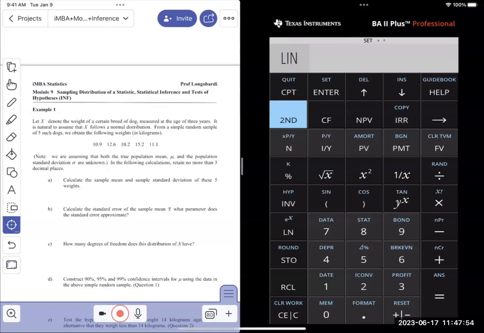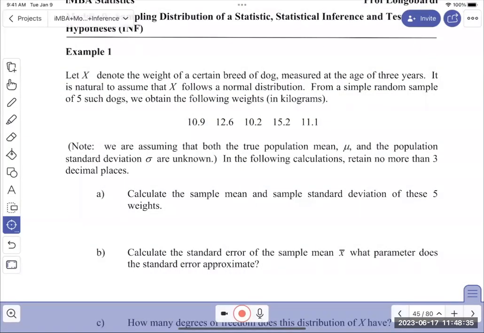And now ask for the results, second stat. N is 5, X bar is 12, and S is 1.991.